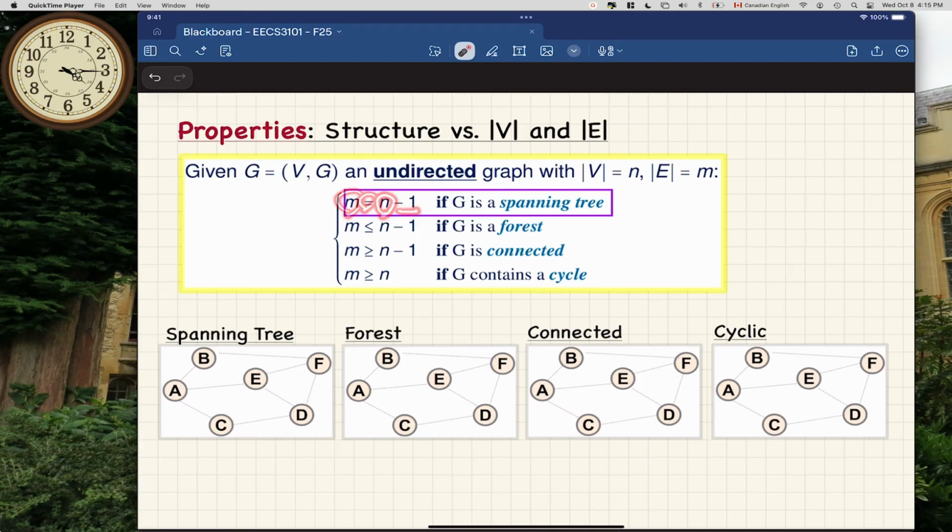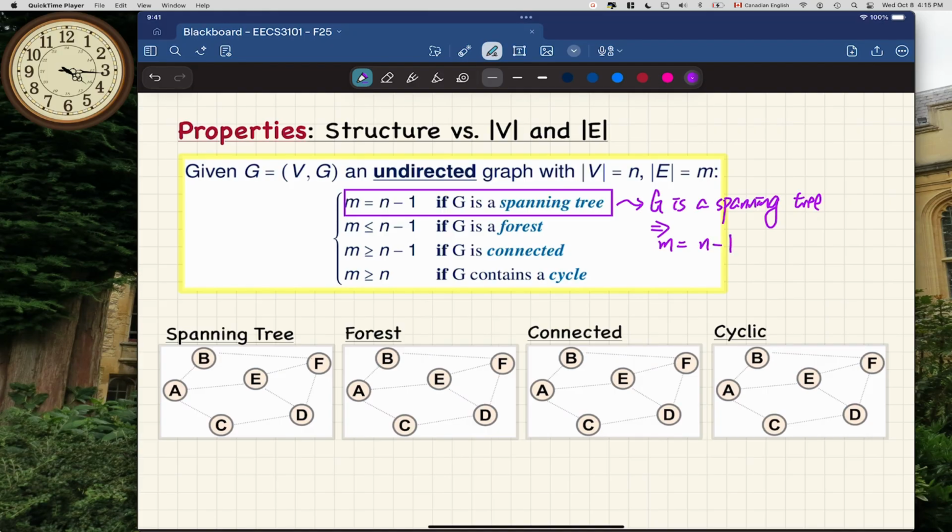We say this will be the case if the subgraph is a spanning tree. But now how do you understand this exactly formally? I'll put it down here, just for the first one. The other 3 should be understood in a similar way. This one is saying this: if I know that G is a spanning tree, that implies m equals n minus 1.